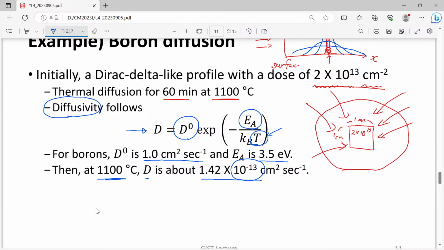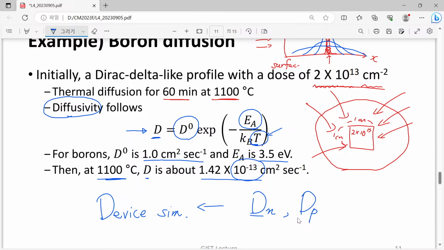Maybe in this semester we will also consider so-called device simulation. In device simulation we also have diffusivity. That diffusivity is for electrons inside silicon and holes in the silicon material.